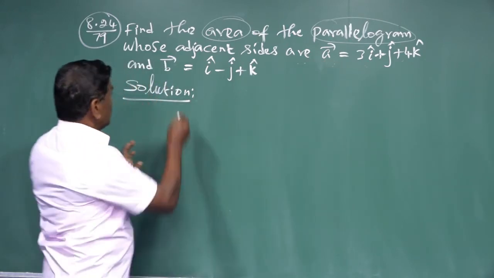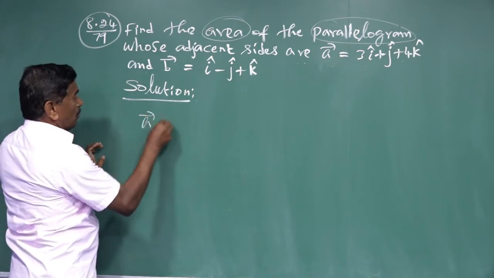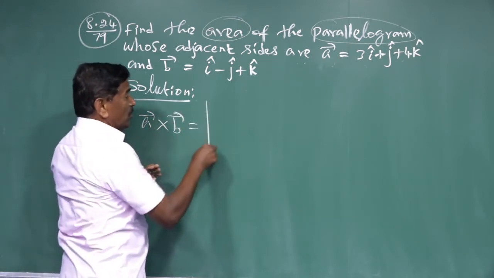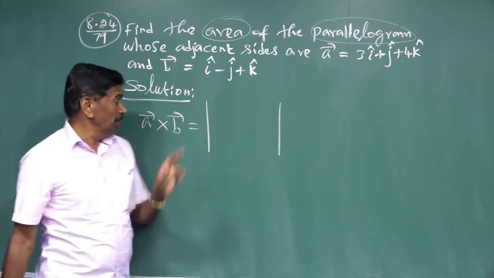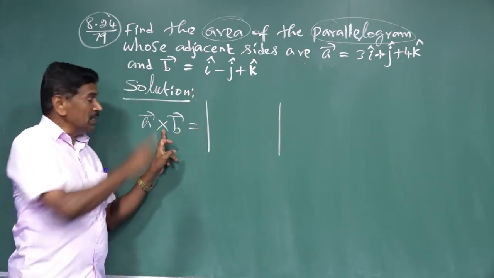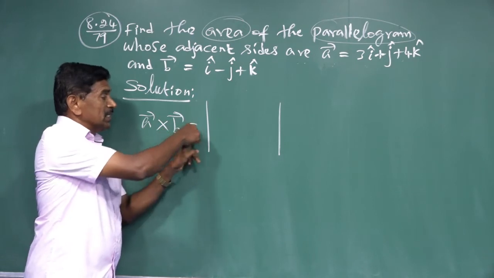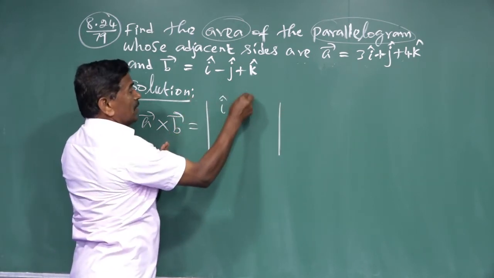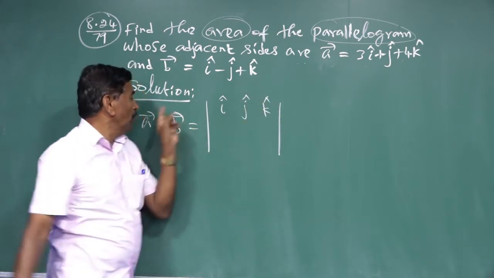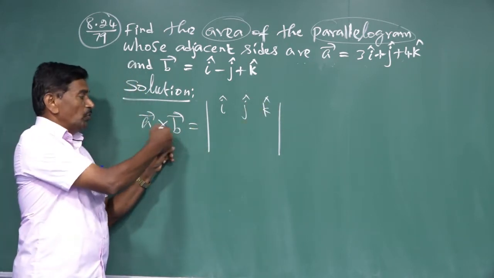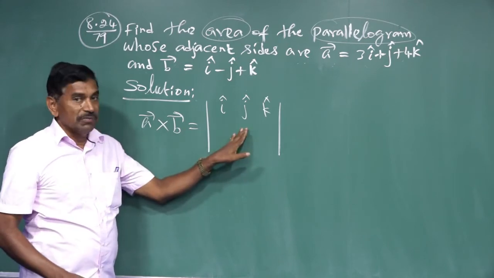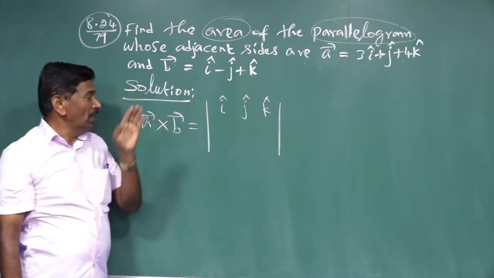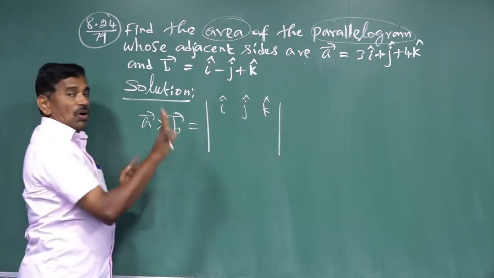Now listen. First I want to compute A vector cross B vector. A vector cross B vector is equal to the determinant. When the cross product is defined between two vectors, its result is given by the determinant with rows i, j, k. Now i, j, k are fixed always.